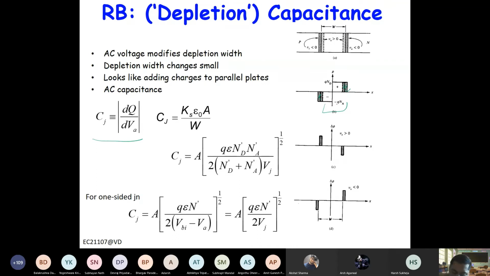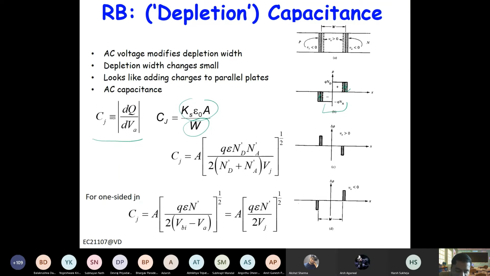Because charge is added at the two sides of the depletion region, you can say it is the charge added divided by the width, right? So you can write epsilon A by W, where W is basically the width of the depletion region.